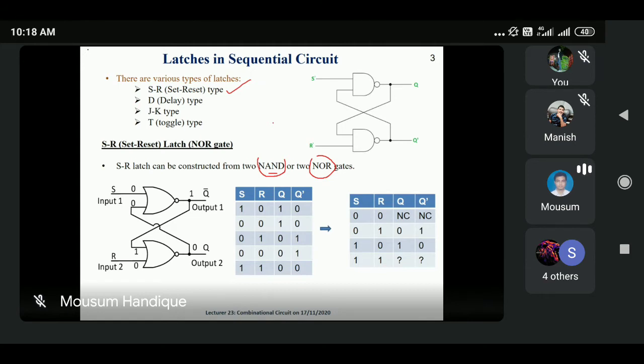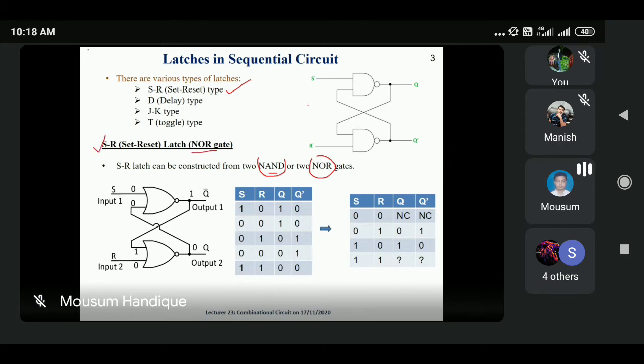So the memory element concept we are not using in a combinational circuit. But when we design a sequential circuit, it is the combination of a combinational circuit along with memory elements.